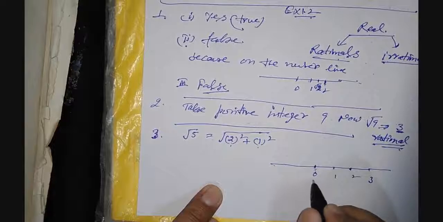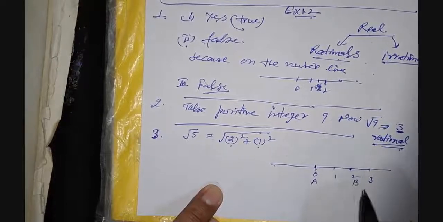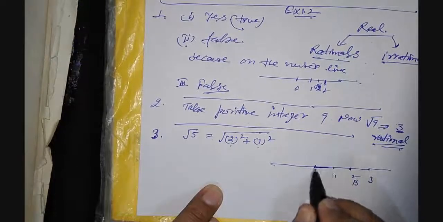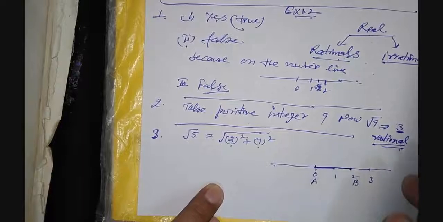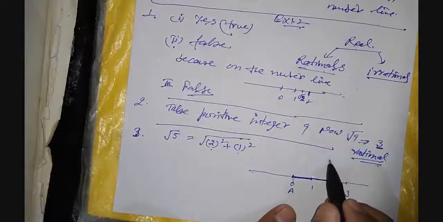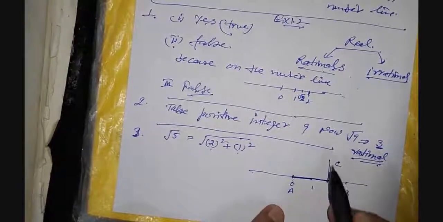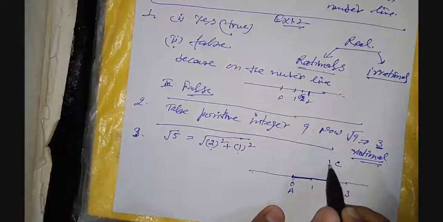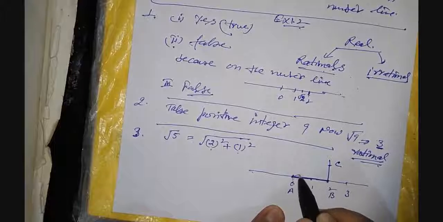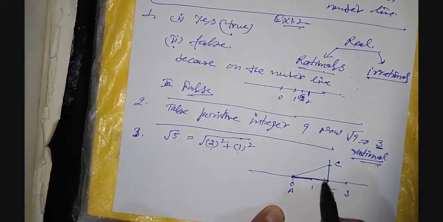So this can be named A and this can be named B. Now take this distance and a perpendicular line as C, and that is also 1 unit, and this is our hypotenuse.